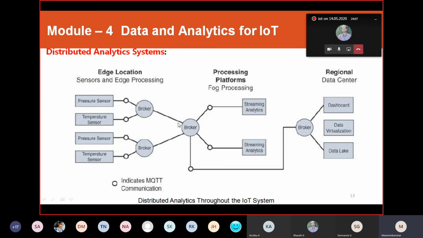Various brokers are finally combined into a single broker, and this data is used by streaming analytics, and you can have any number of them, or it can be supplied directly to another broker where it can be used as a value to be displayed for a dashboard, for data visualization and a data lake. This is called a distributed analytics system.